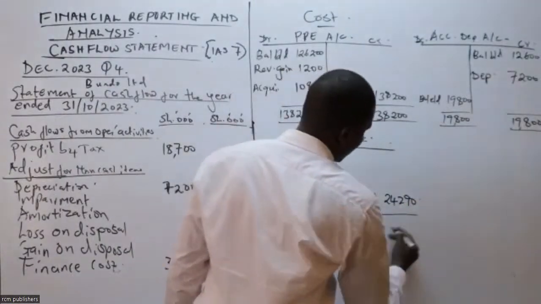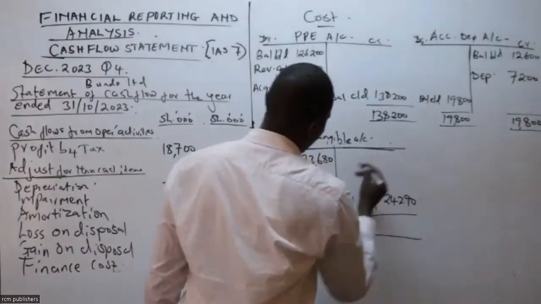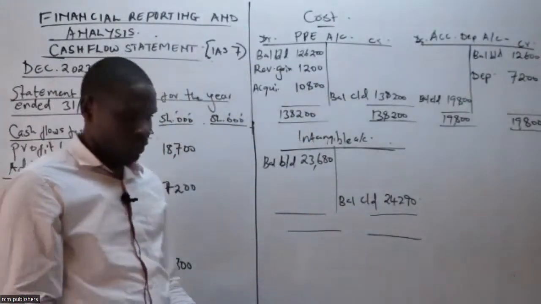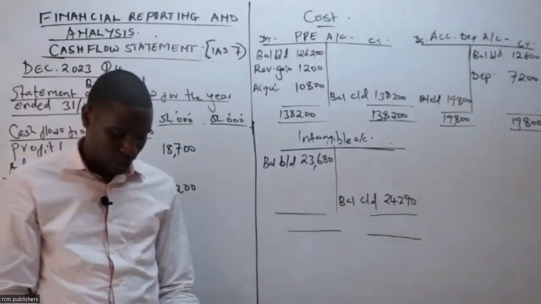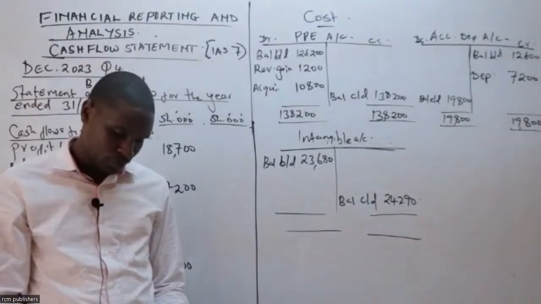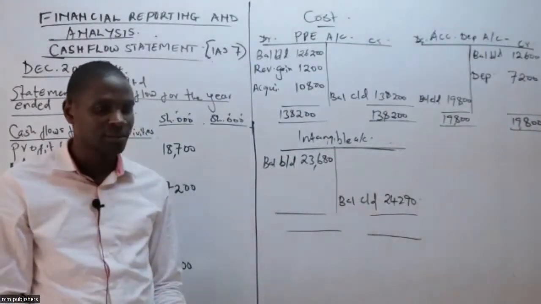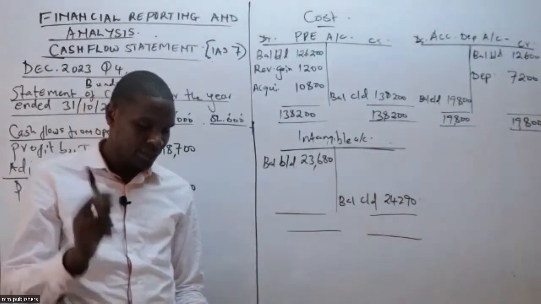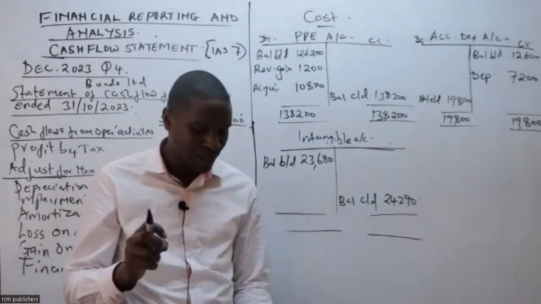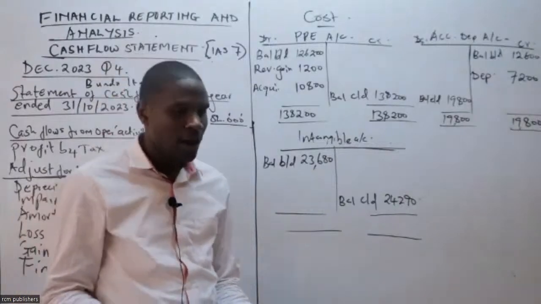But we were told that during the year, something happened. Somebody pick it very fast and tell us what happened. From the statement number 2, during the year ended 1st October 2023, Budo Limited acquired some patents at the cost of 5 million.